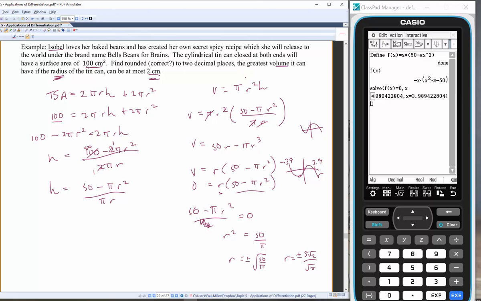All right, so what we now need to know is the greatest volume it can have if the radius of the tin can be at most 2 centimeters. So the largest value of r that we can use is 2. Now here's a really good problem, because this maximum here, I don't know for what value of r it occurs.